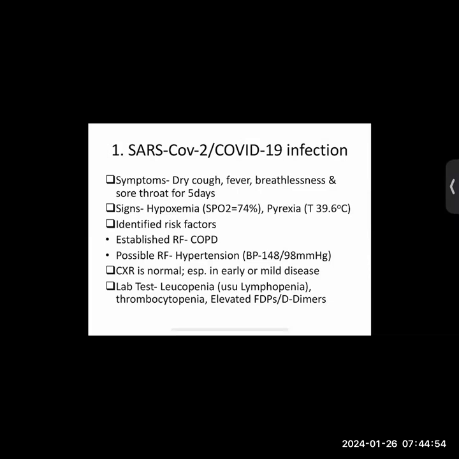It wasn't stated whether the patient is hypertensive, but blood pressure was 148/90 millimeters of mercury. The chest X-ray is said to be normal, though this is expected in early disease or patients with mild disease. And then the laboratory tests of leukopenia, thrombocytopenia and the elevated fibrin degradation products. Next slide, please.